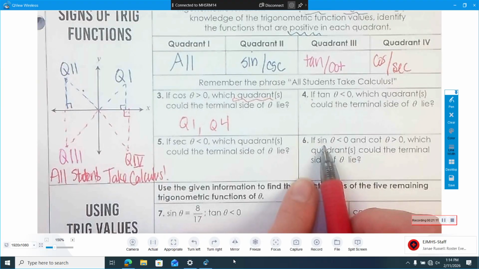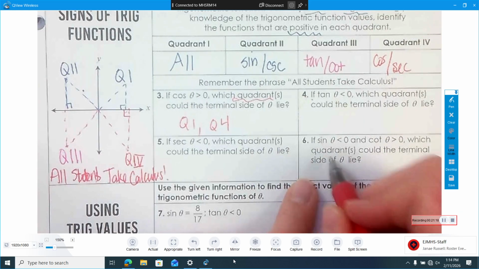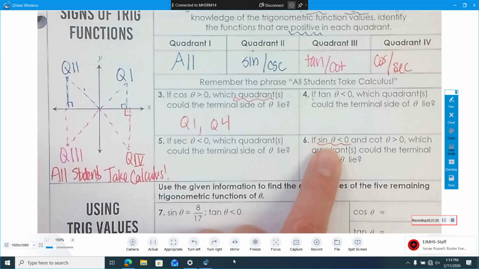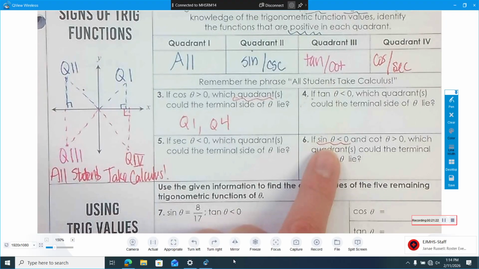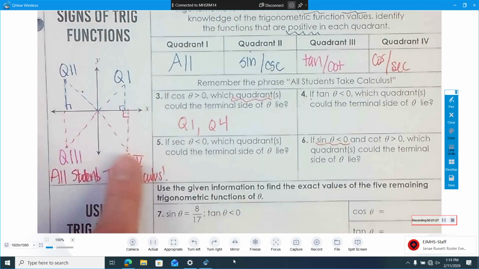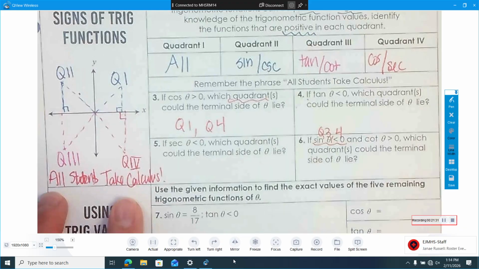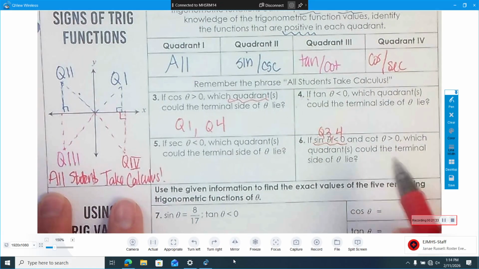If sine of an angle is less than 0, if sine is negative, let's start just with that. What quadrants are we in where sine is negative? Sine involves that y, that opposite side. So that is these two, quadrants 3 and 4, therefore sine is negative.